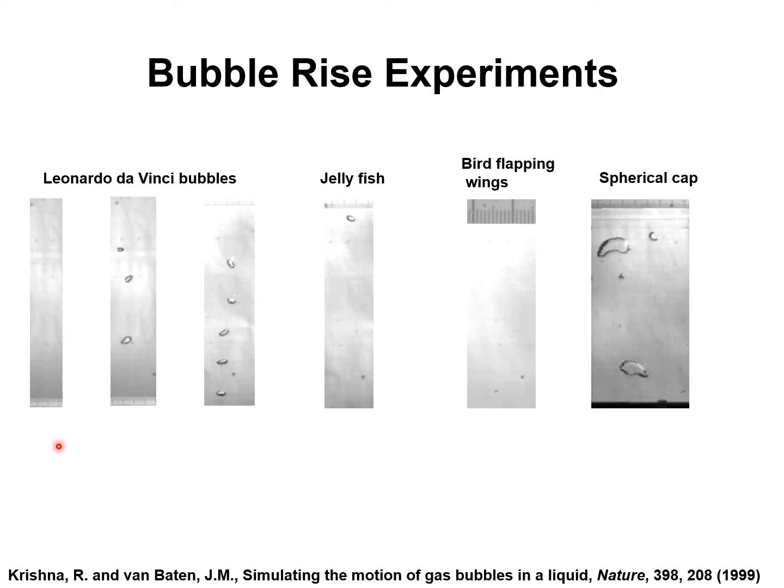Different bubble sizes were injected into the bottom of the water column, and the trajectory was followed with the camera. And this is what we find for a bubble of about 4 millimeters. We can call this a Leonardo bubble.